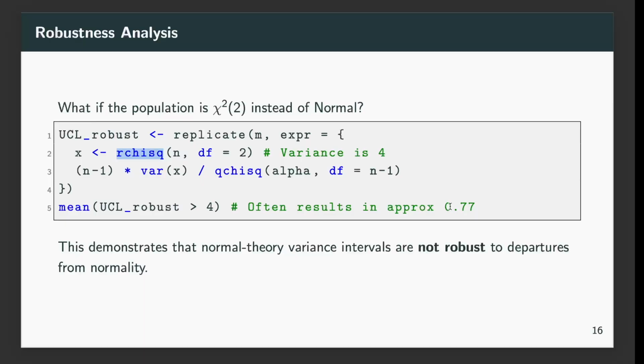The t interval for the mean usually maintains good coverage even under moderate departure from normality. But as you can see in this case, the chi-square interval for the variance does not. And we just proved this based on the R code that you ran. So this is where we see the power of Monte Carlo methods in evaluating statistical procedures.